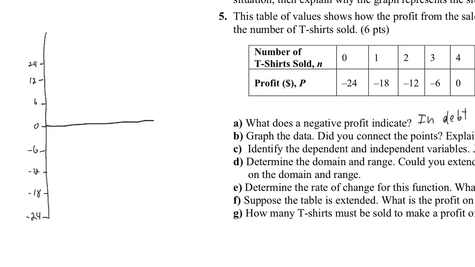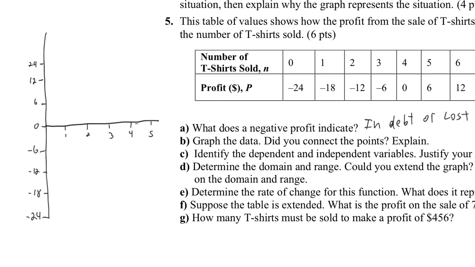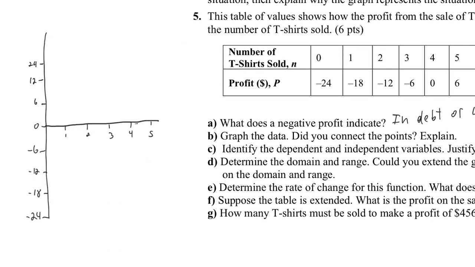The x-axis will go right through here at 0, and we'll say 1, 2, 3, 4, 5, and 6. I need to go over to 6. So now I'm just going to plot those points.